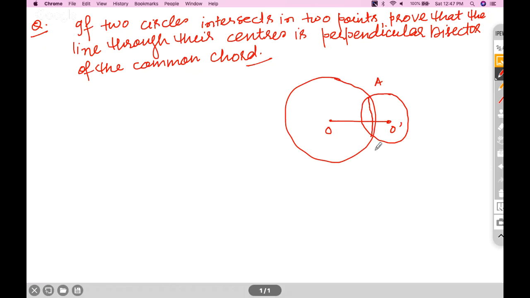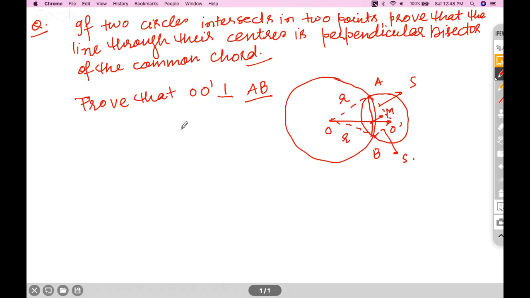Common chord I am assuming to be AB, and this point I am assuming to be M. Let me draw a line from here to here. This is the radius R, this is the radius R, and this is the radius S and this is the radius S. I have to prove that OO dash is perpendicular to line AB.